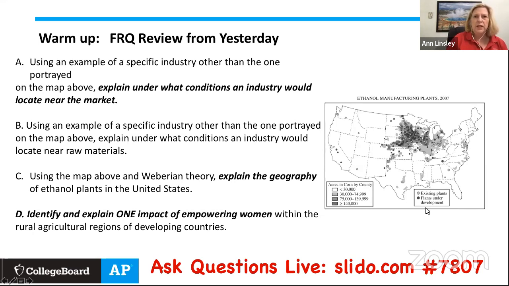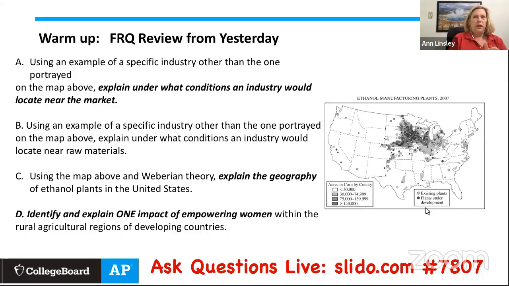Least cost theory, we explained that in the 2 topics in Unit 7. So I encourage you to go back and look at that. But least cost theory is dealing with the location of a manufacturing plant. Do we build that plant near the source of raw materials, or do we build it closer to the market? And what is going to be the determining factor there is whether the cost of transportation or the cost of breaking that material down and then shipping it is greater.